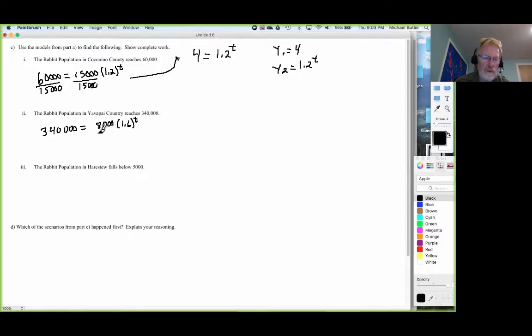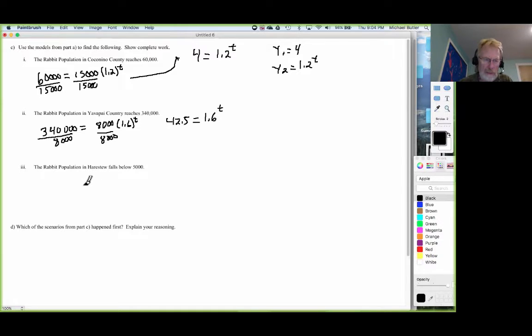Okay, so same trick. Come in here and divide out the 8,000 from both sides. 42.5? Okay. So 42.5 is equal to 1.6 to the t. That's going to be a heck of a lot easier to do in the calculator than putting in 340,000 and 8,000 and trying to find the point of intersection that way.